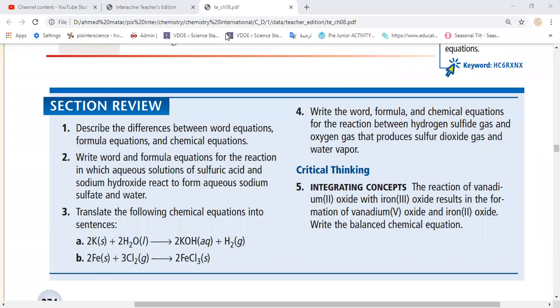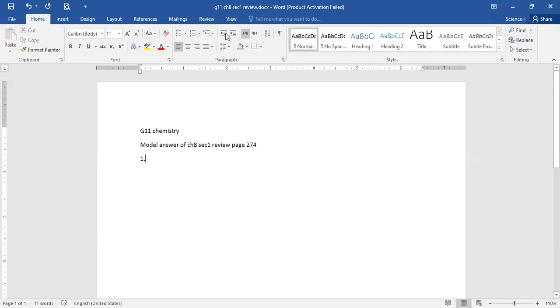So here we could say that first, word equation, we said that it is a chemical equation in which reactants and products are represented in words.